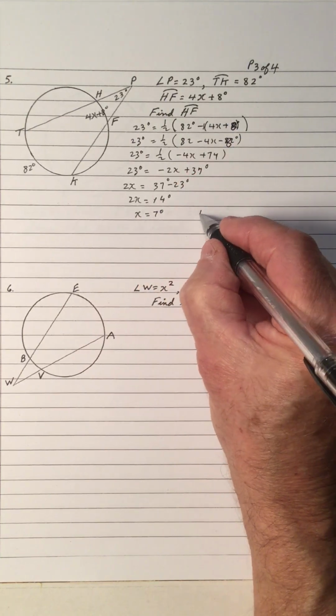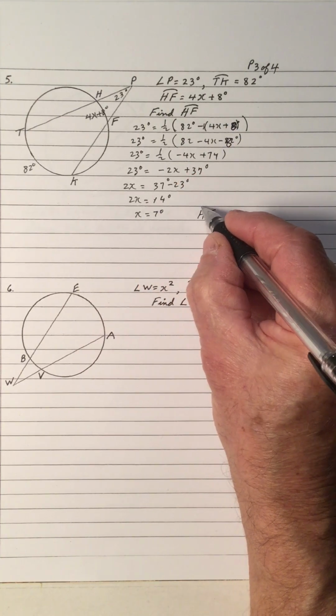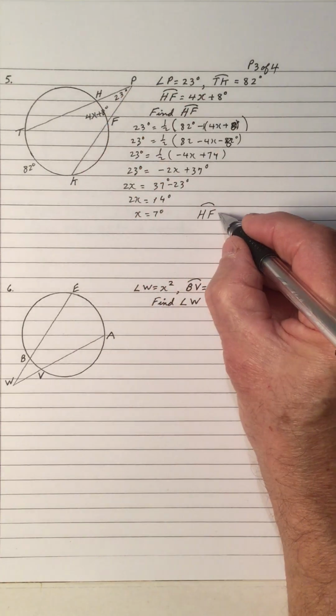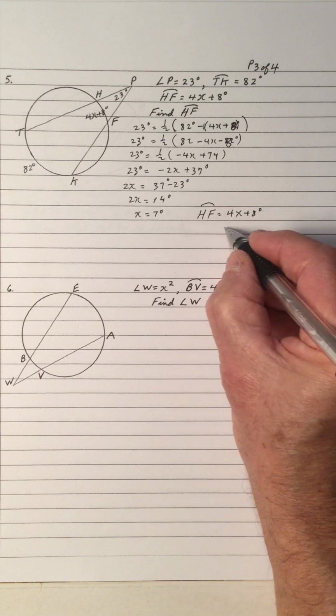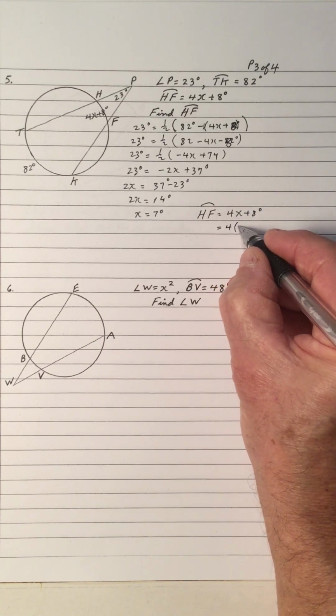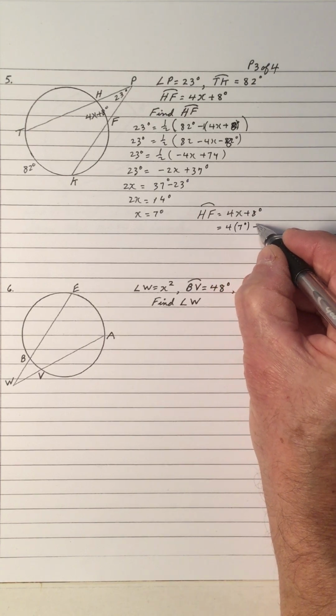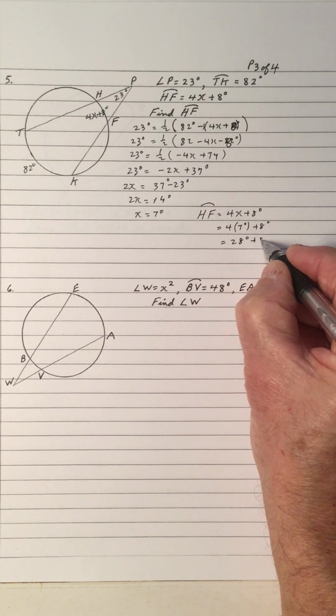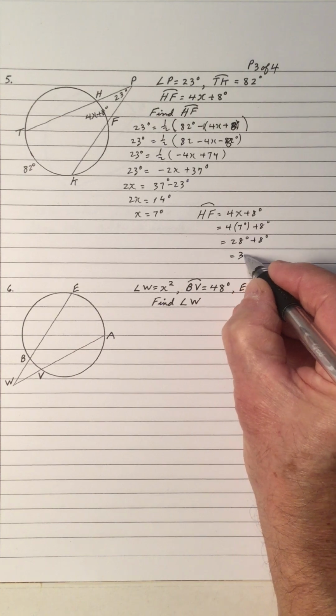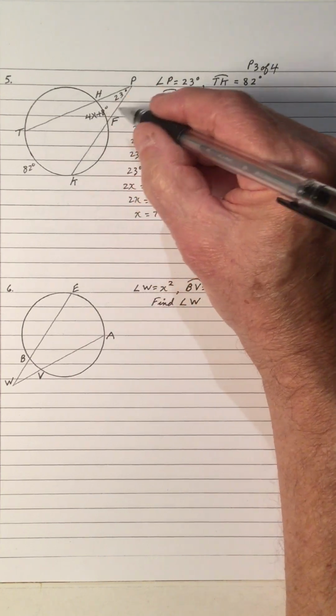But we want to find the arc HF. HF is 4x minus 8. So x is 7. 4 7s are 28 minus 8. So the arc is 20.